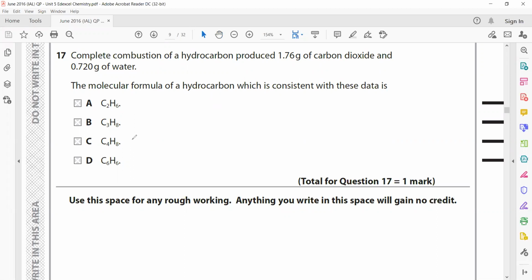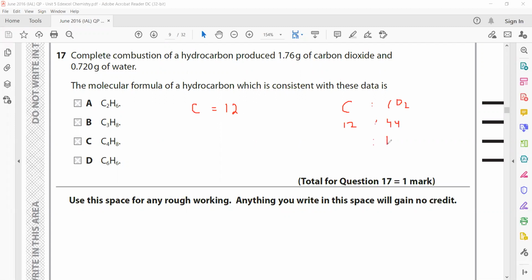If we burn, for example, C4H8 or any compound, we can find the mass of carbon, and we can also find the mass of hydrogen. So the mass of carbon is 12 divided by 44, because the ratio of carbon to carbon dioxide is 12:44.